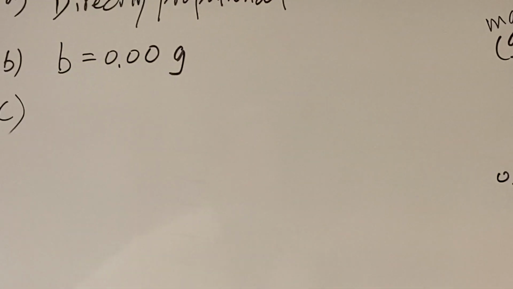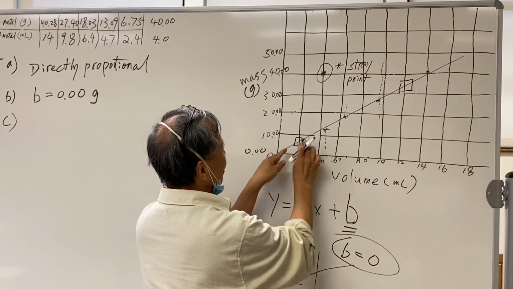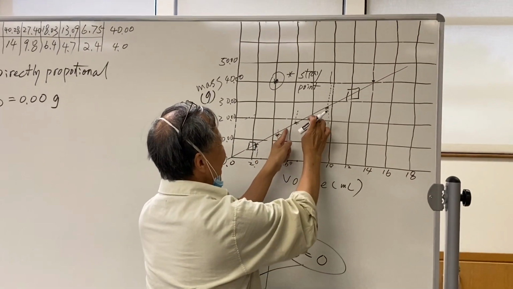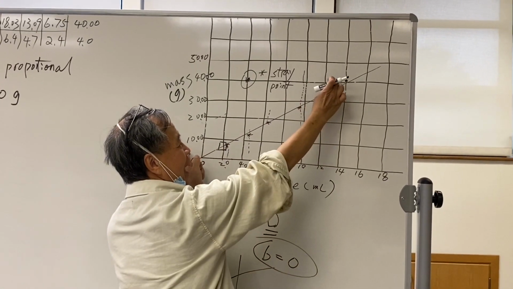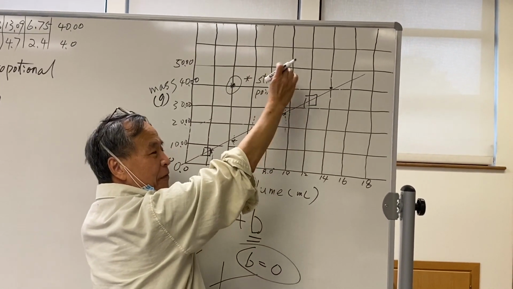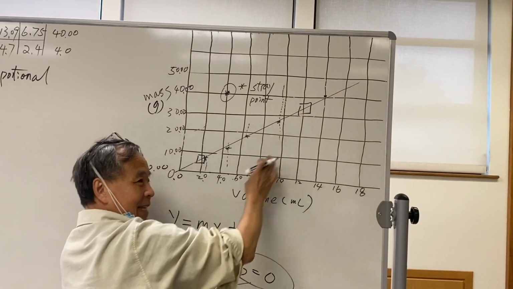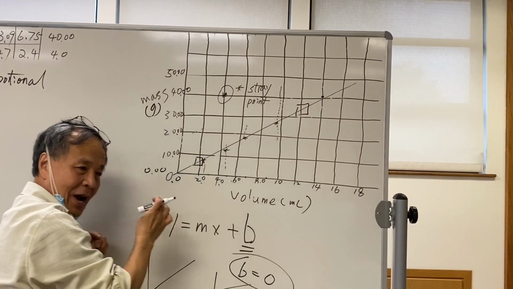In other words, you should not pick 2 and 4 or 6 and 8 just to represent this part. You should pick 2 pieces of data far apart to represent the entire graph.